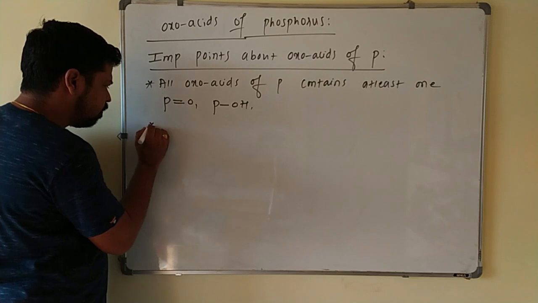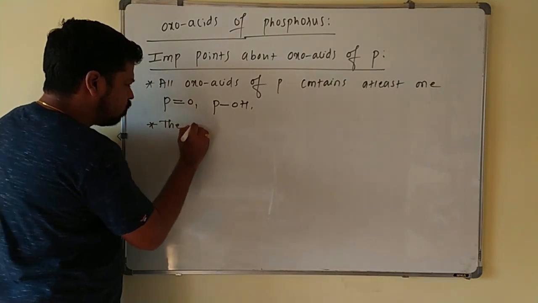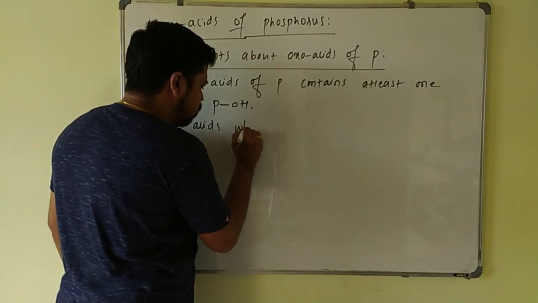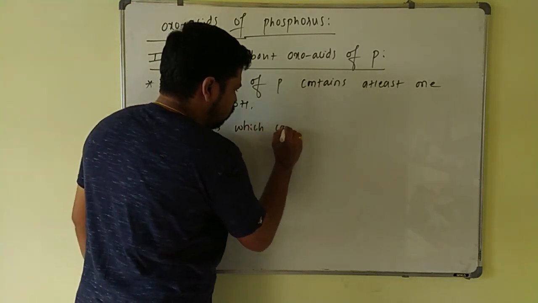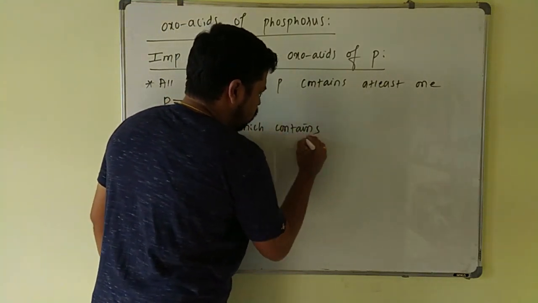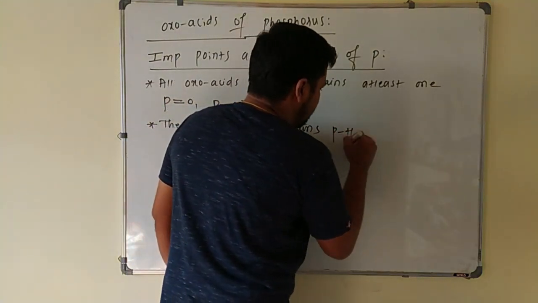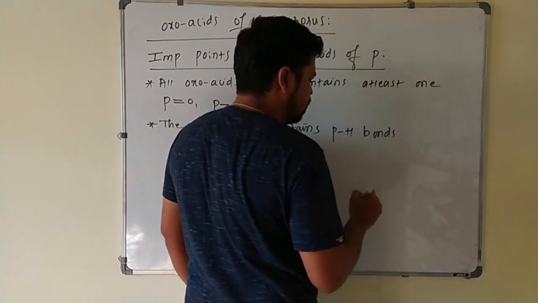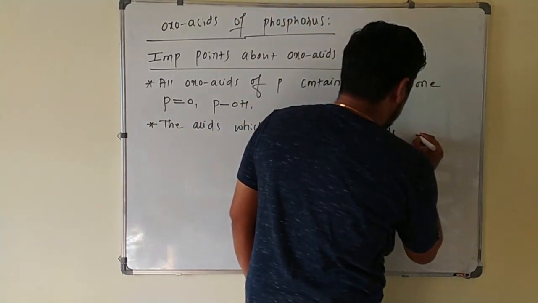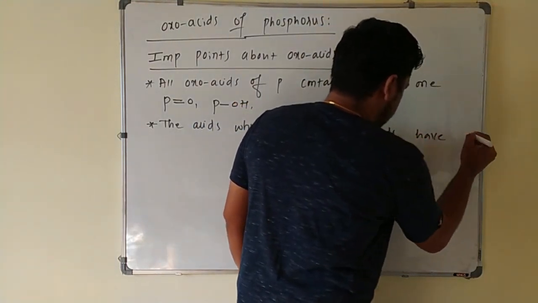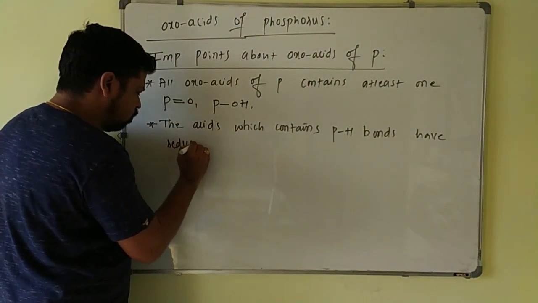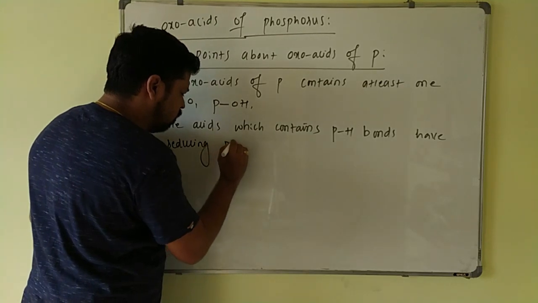Next point: the acids which contain P-H bonds have reducing property.